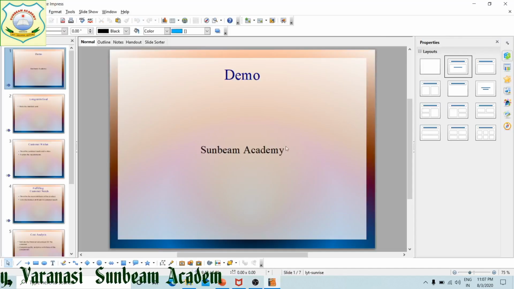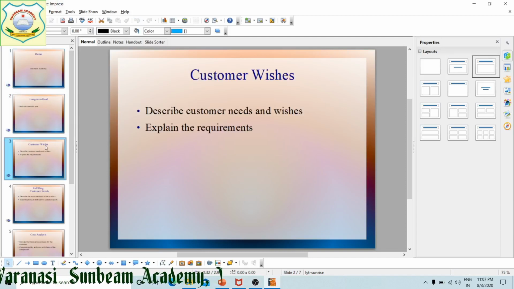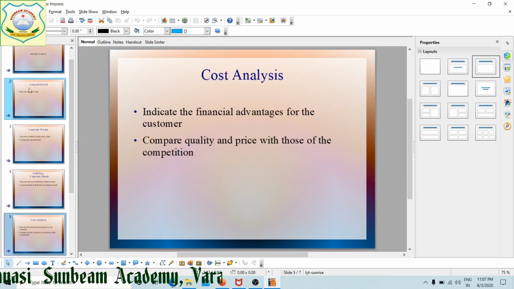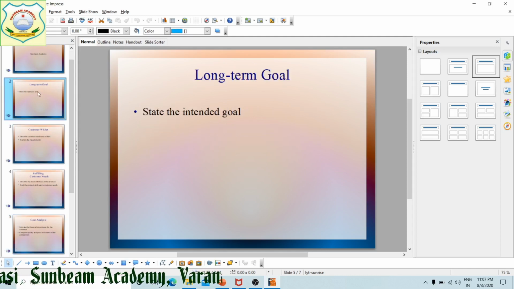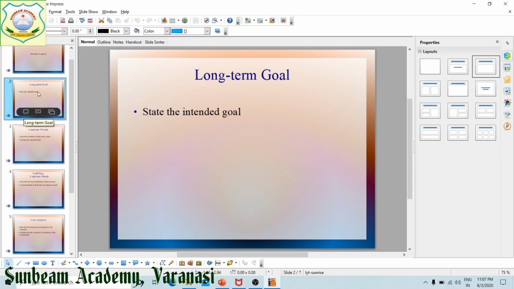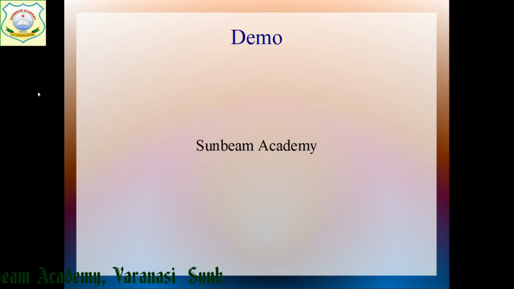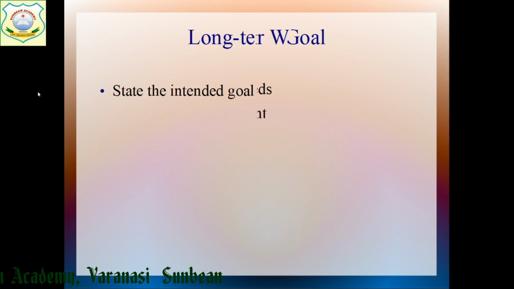Now you can see here demo Sunbeam Academy. Now every slide has got different content itself. You can change your content by clicking on any of the slides. Here you can see, if you see the preview on full screen, this is the first slide, second, third.